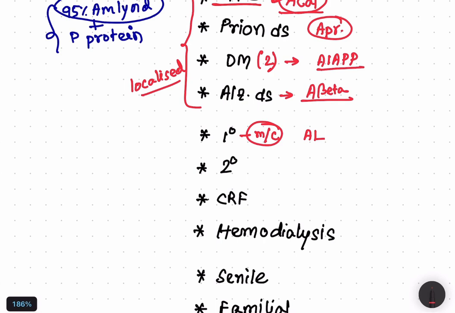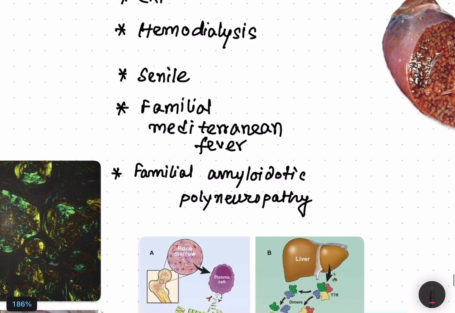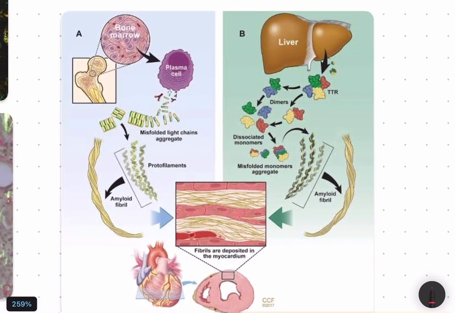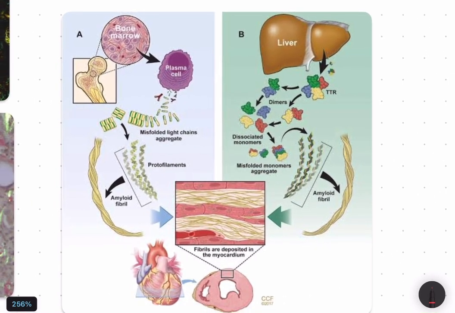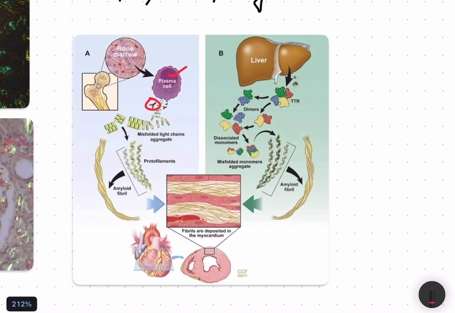To explain, normally from the bone marrow the B cells mature and form the plasma cell, and these plasma cells produce the antibodies. The antibody is composed of light chain and heavy chain. Many a time misfolded light chains are produced, and these misfolded light chains aggregate with each other and produce the AL type of amyloid.